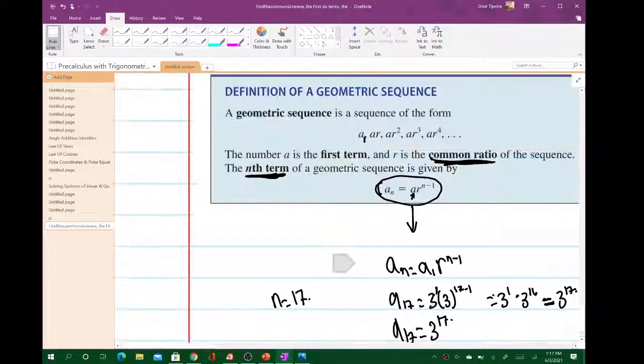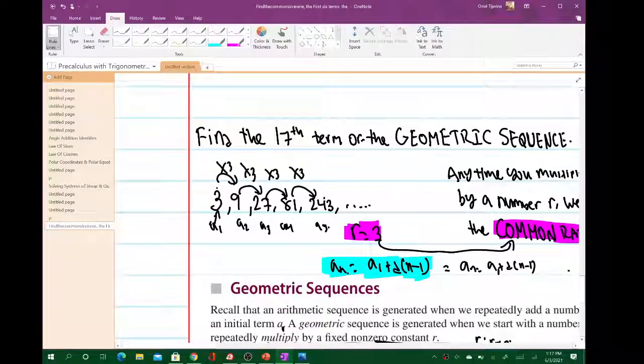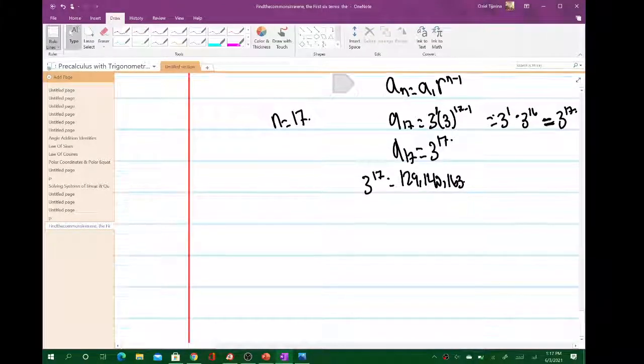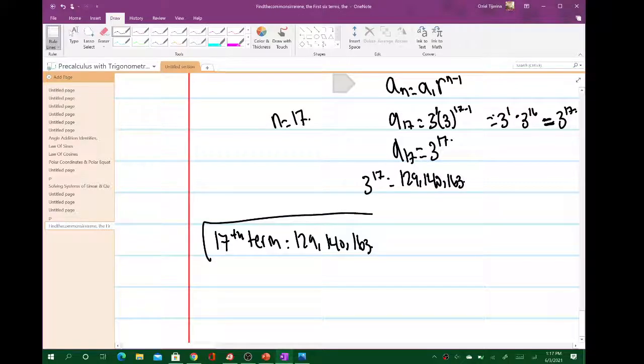So that is the 17th term of this geometric sequence, 129,140,163, okay? And that's how you do this problem.